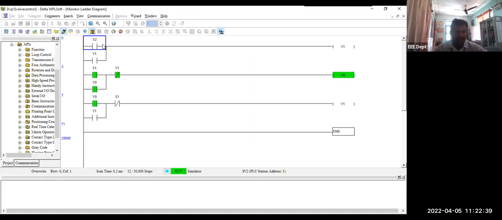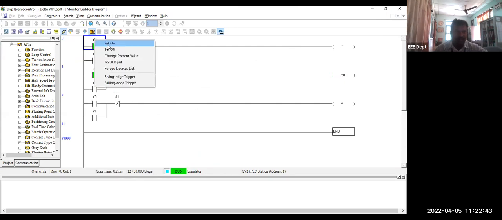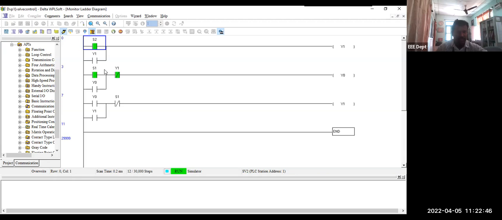So S2 will be on condition again. Even though S2 is off, Y0 off, Y1 should be on.